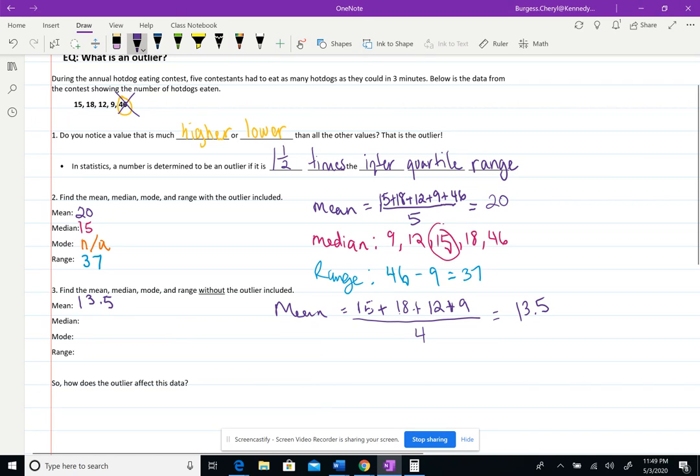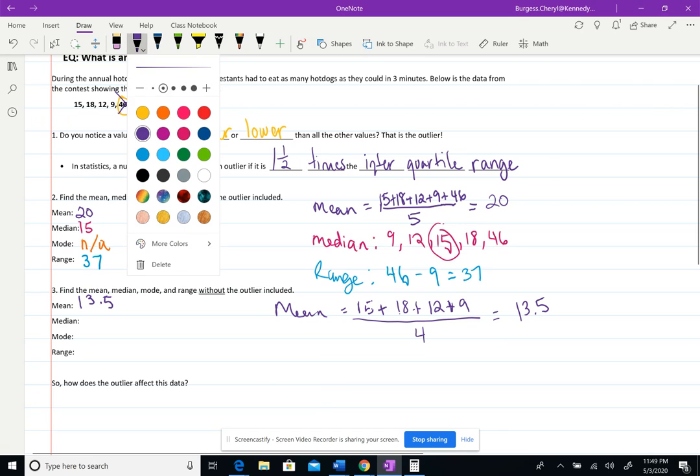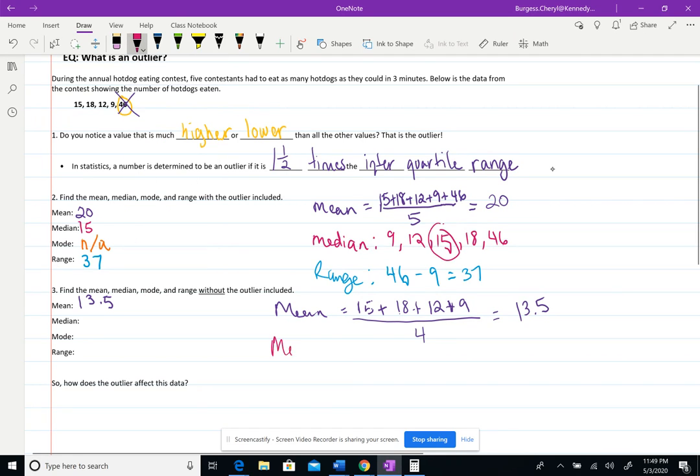Okay, let's find our median. We again put our numbers in least to greatest. So that's 9, 12, 15, and 18. All right, and we find the middle. So the middle of 12 and 15.